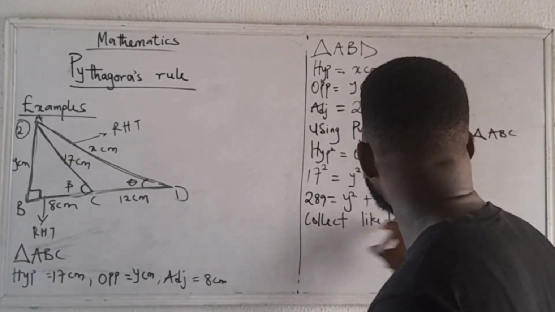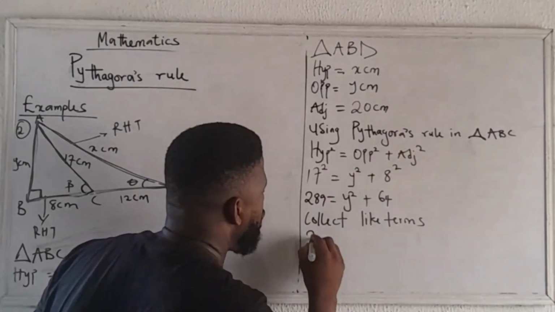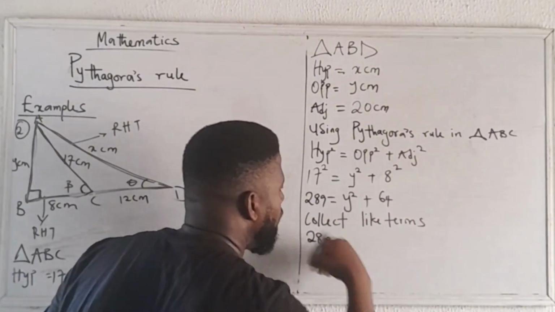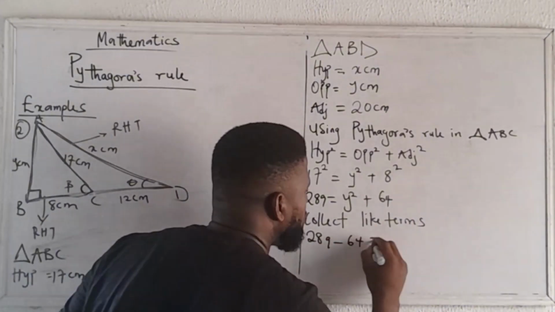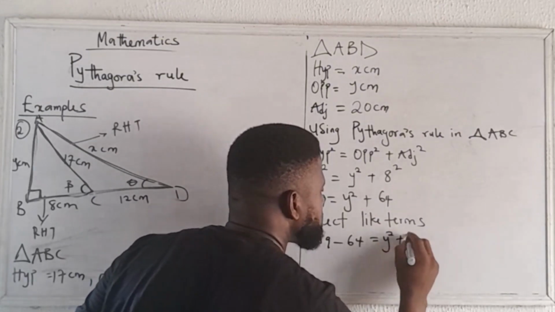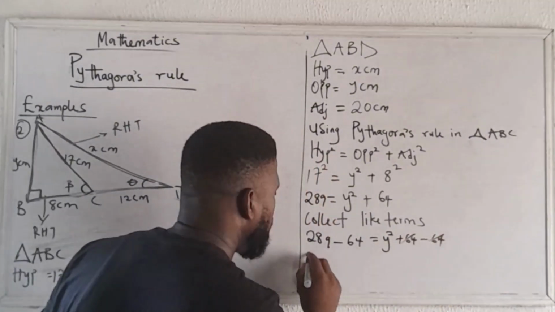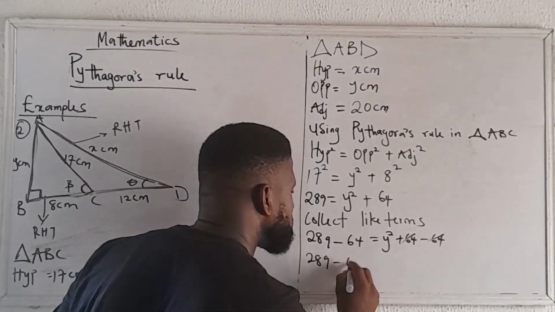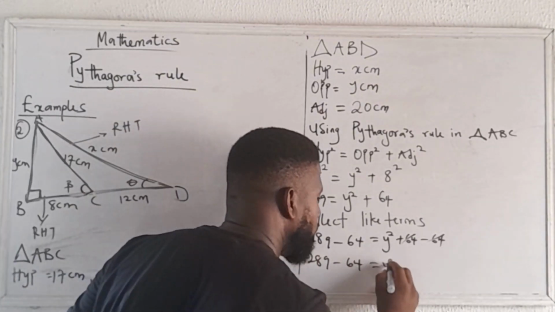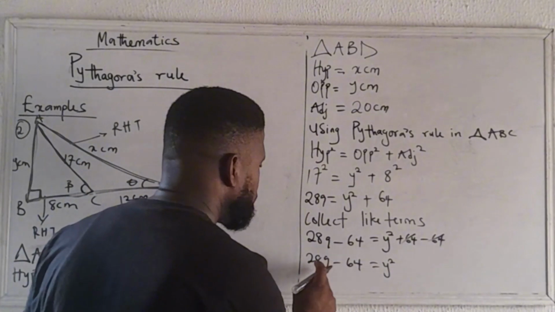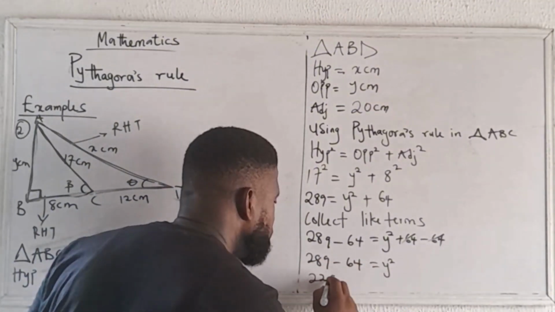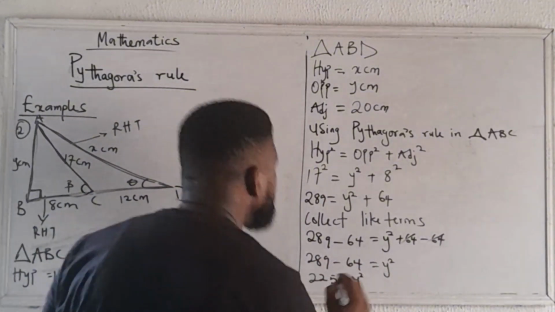Now if you collect like terms, we have 289 minus 64 equal y square plus 64 minus 64. Eliminating 64, we have 289 minus 64 equal y square, right? So this is 225 equal y square.